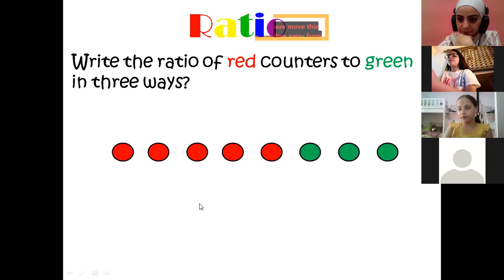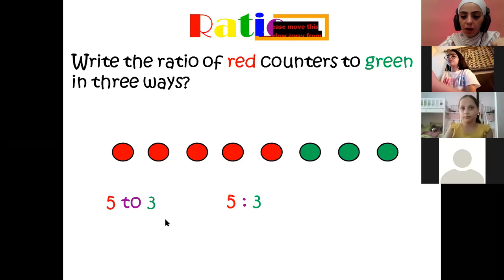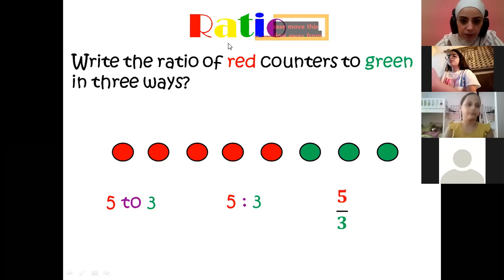The way of writing it. So we can write it by using words, "to", or by using columns, or by doing it as a fraction. 5 at the top, 3 down, because we talk about red first. Okay, thank you, Lamar.